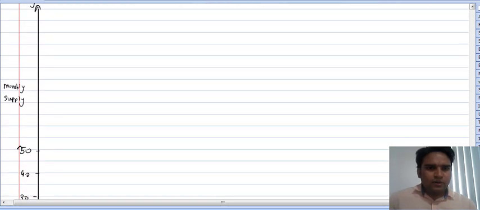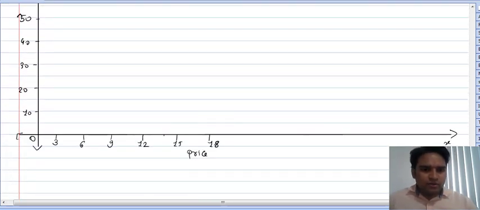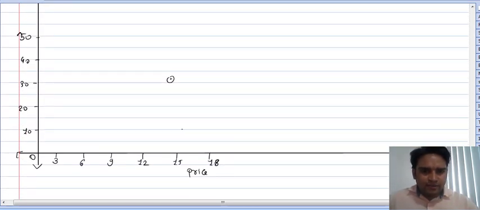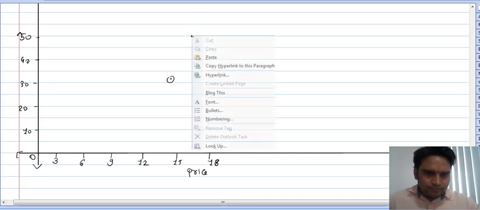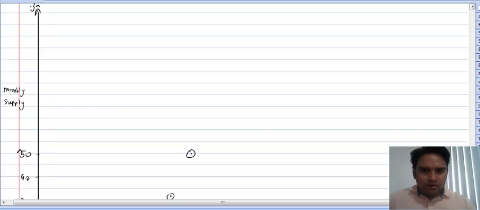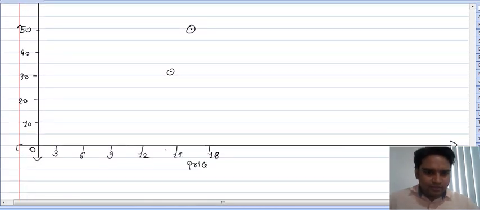Now at 14, 32 is the intersection, so at 14, 32, it comes approximately here. Yes, so make the intersection point. Then at 16 it is 50, so approximately here. Then 12, 20, so it's approximately here.